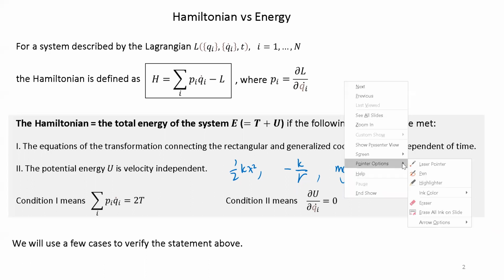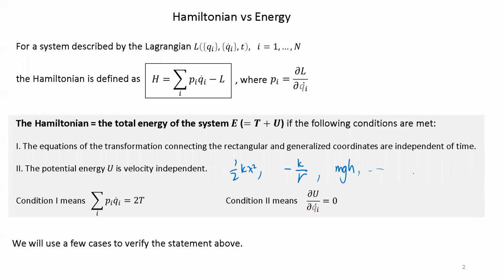First, if you use Cartesian or rectangular coordinates, that means you are going to use x, y, z. If you use x, y, z to express your Hamiltonian, it is guaranteed that this whole thing is the total energy. I think I've shown that in chapter 2, but I will do it again.